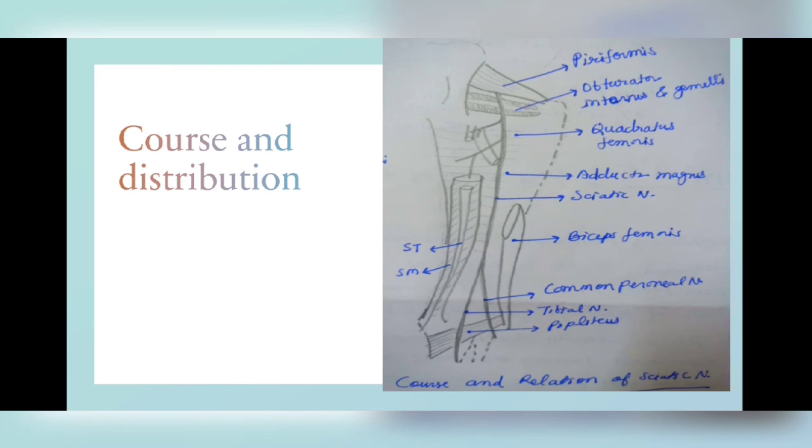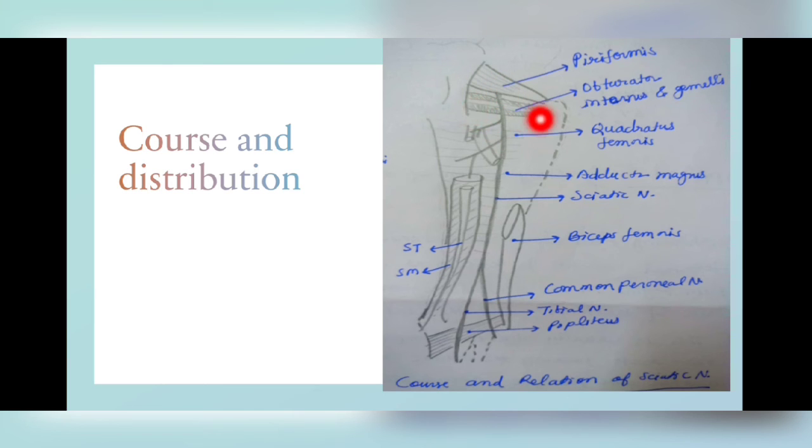Now the course and distribution of sciatic nerve. This sciatic nerve arises in the pelvic region, formed by L4, 5, S1, 2, 3. Just in front of this is the piriformis muscle, and from the pelvic region it enters the gluteal region along the lower border of piriformis muscle. Then this sciatic nerve crosses obturator internus and its two gemelli.